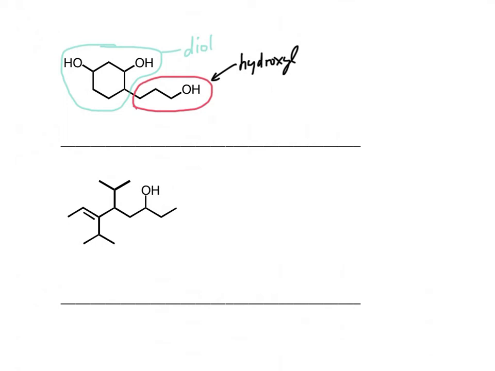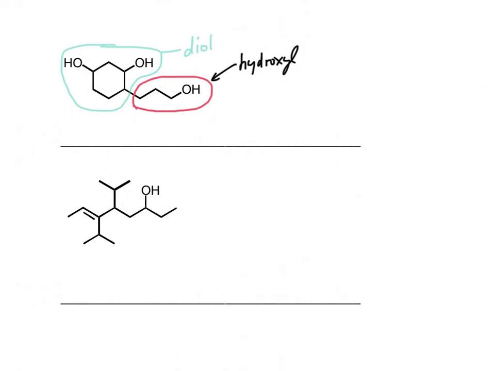So let's go ahead and number this thing first. We want to give the alcohols in the parent the lowest possible numbers. No matter which way I go, they're going to be 1, 2, 3, or 1, 2, 3. So they're going to get a 1 and a 3 regardless. So what's going to dictate which way I go is giving the substituent the smallest number.